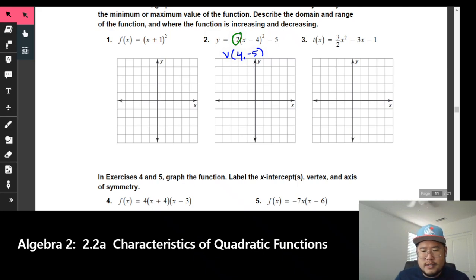We labeled the vertex for -5. Probably better off, let's do intervals of 2. So we have 4, and then we'll go down right there. There's -5. So there's my vertex.